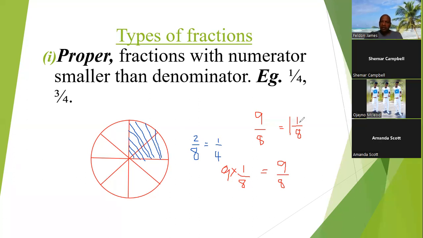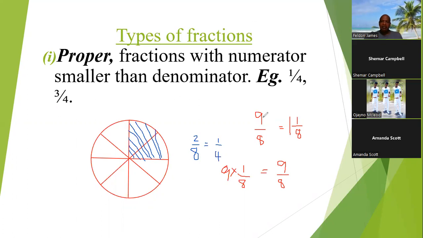So this 1 over 8 comes out of a pizza that is cut up into 8 parts, right? And so if you have 1 whole pizza with 8 slices out of 8, plus an extra slice out of 8 from another pizza, now you will have 9 slices over 8. And we keep the 8 because we know that all of these slices are the same. All right? So that's the idea.